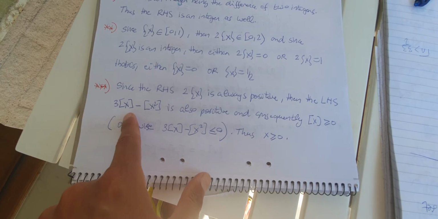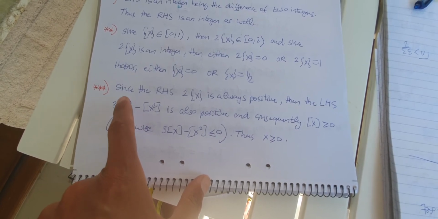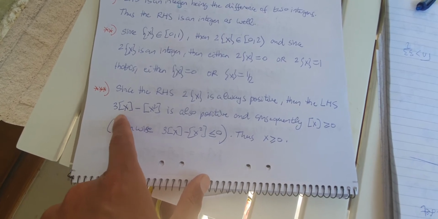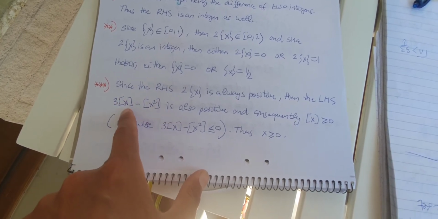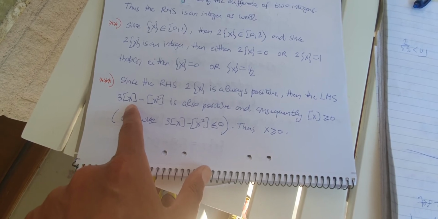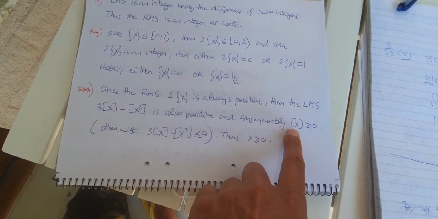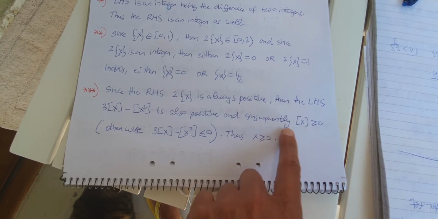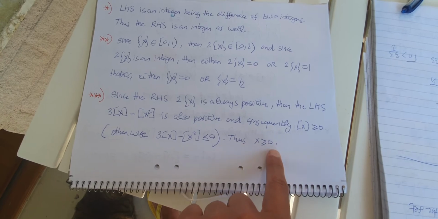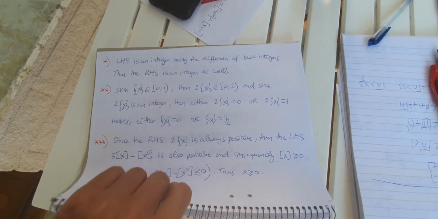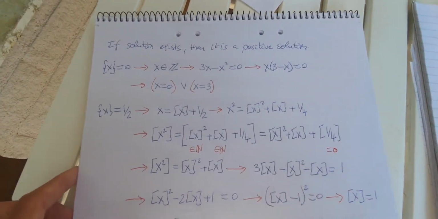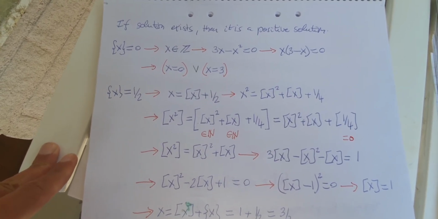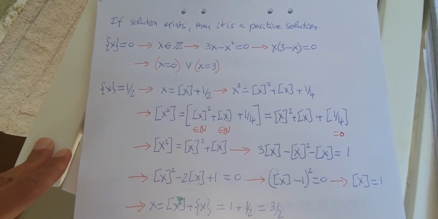Because if the integer part of x is negative, then this left-hand side is negative and we don't have an equation. So the integer part of x is greater than or equal to 0, which means that x is greater than or equal to 0. Now, what does this say? Well, this tells us that if a solution exists, then it has to be a positive solution.